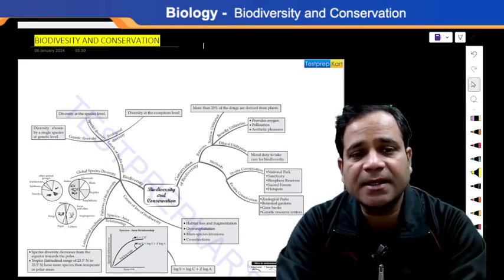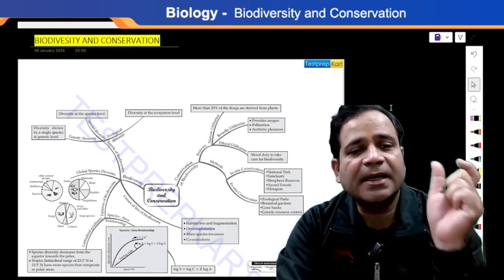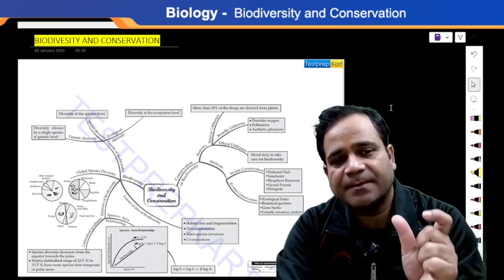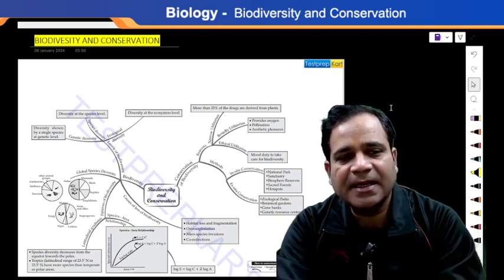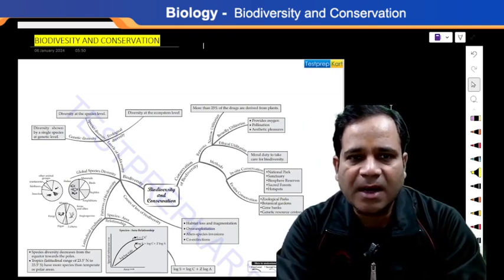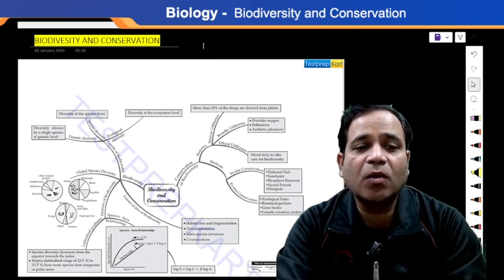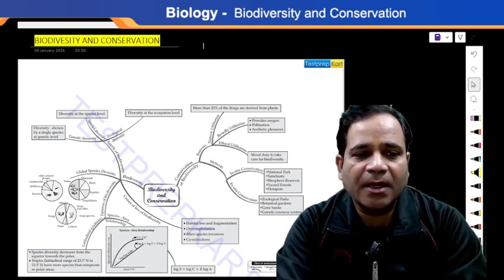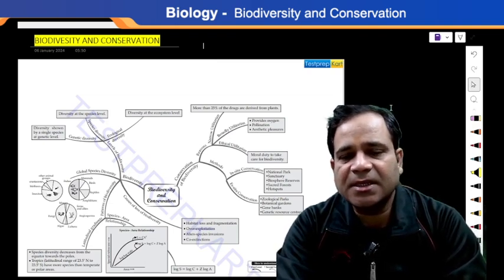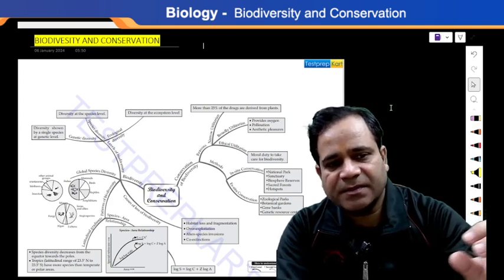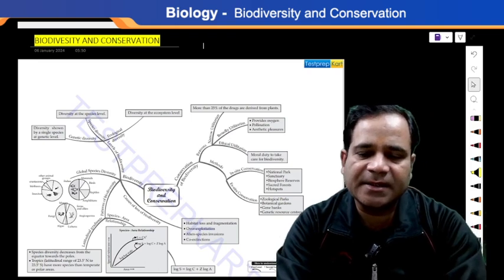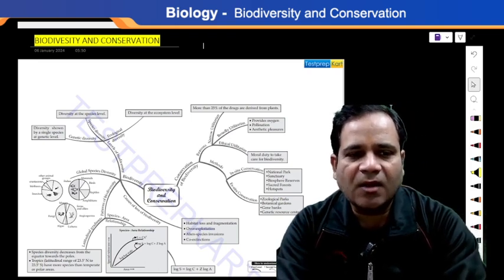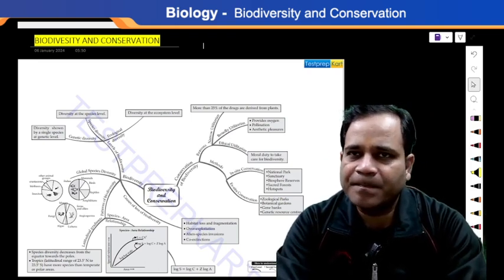Now it is important to understand that biodiversity consists of global species diversity, the species found in every place, either in terrestrial, aquatic, or aerial media. Clear?